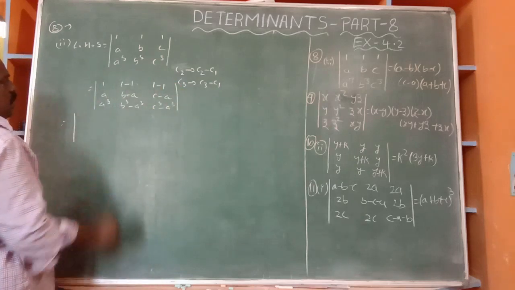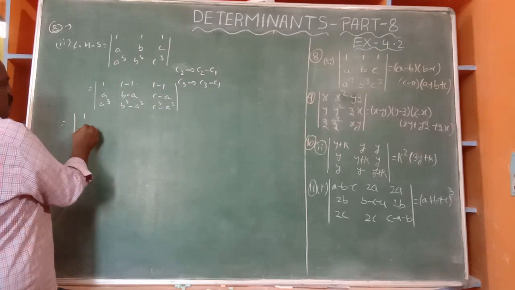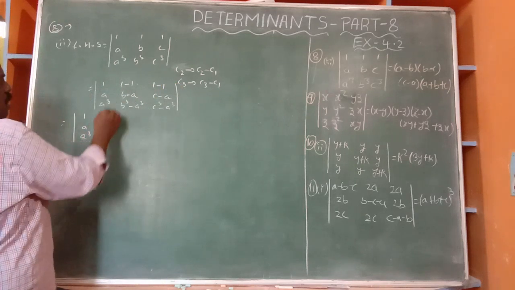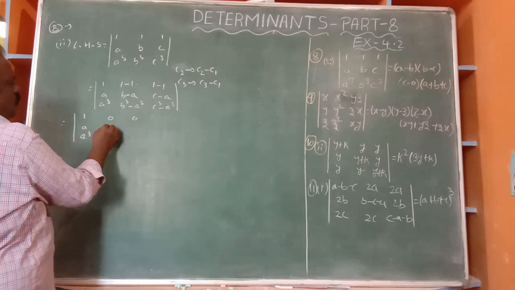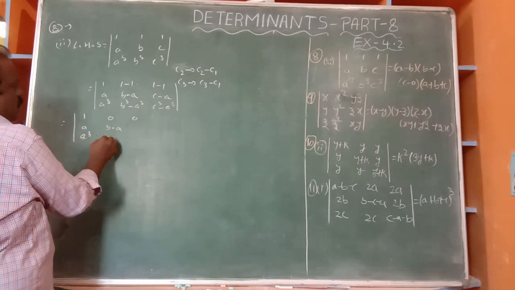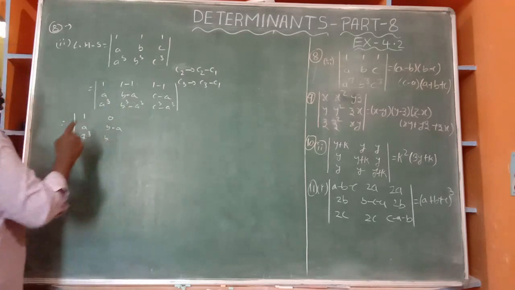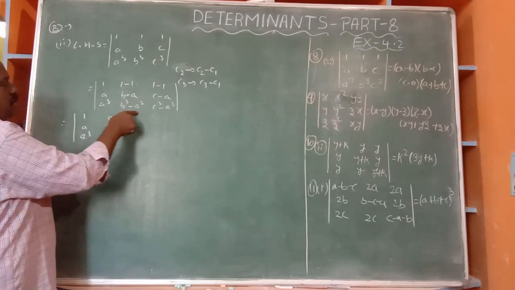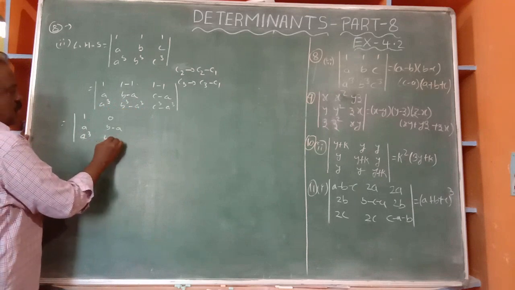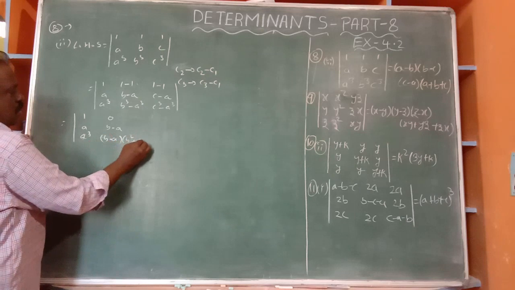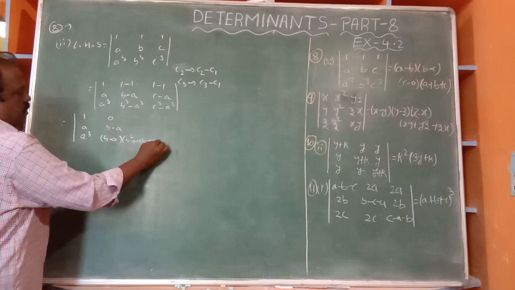That is nothing but 1, A cube as it is, and 0, 0, B minus A, and B cube minus A cube. B cube minus A cube means (B minus A)(B square plus AB plus A square).